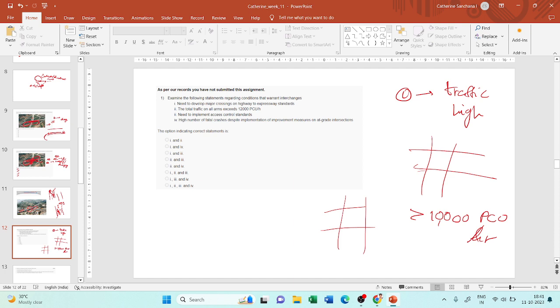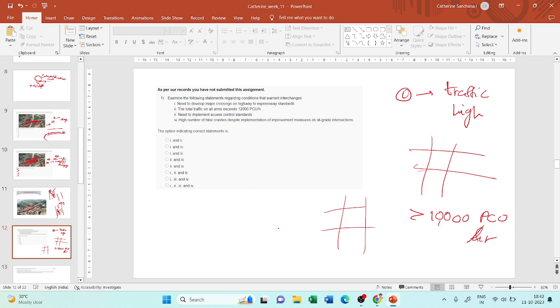Next, if you want to provide complete access control. So what do I mean by access control? We saw this earlier. You will not allow the vehicle to enter or leave the section as and when they want, but you will control the access of the vehicle to that particular road. So that is called access control.